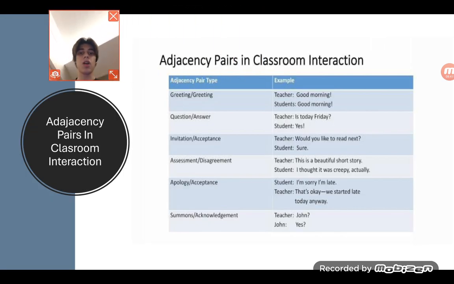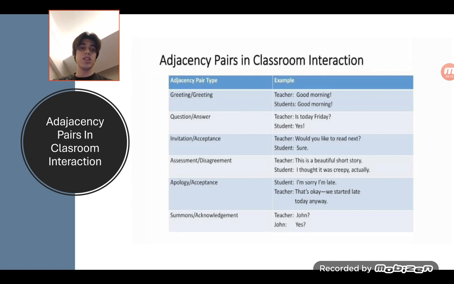Here are a couple more examples regarding this. These are called adjacency pairs in classroom interaction. This can be, like I said in the previous page, greeting. The teacher says good morning, and the students respond back saying good morning. Or question answer type. The teacher might say, "Is today Friday?" and the student responds back saying yes.